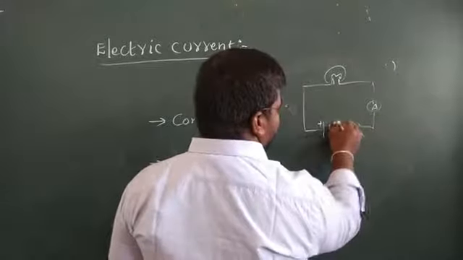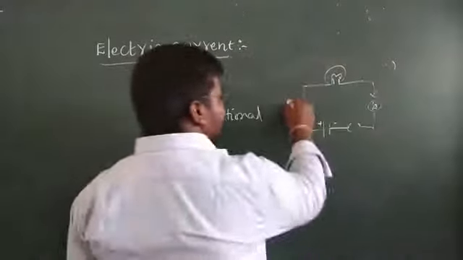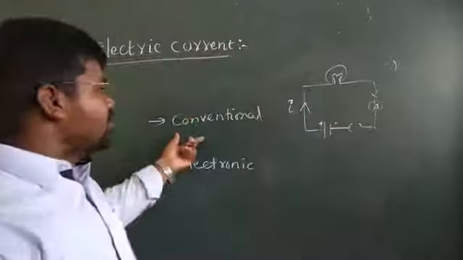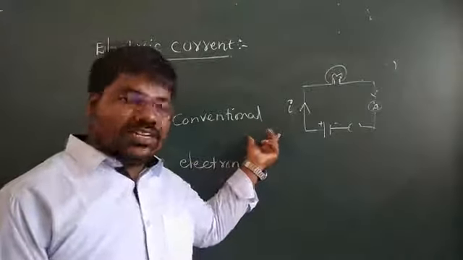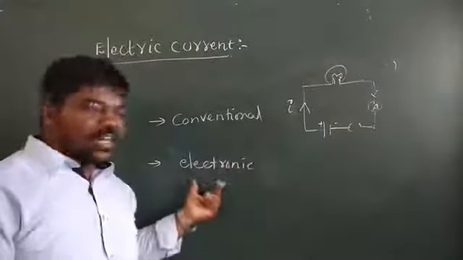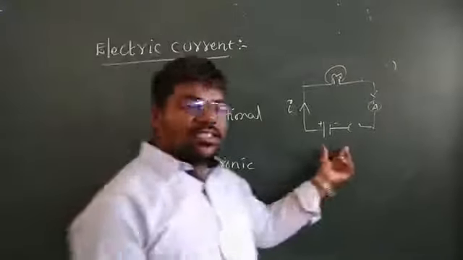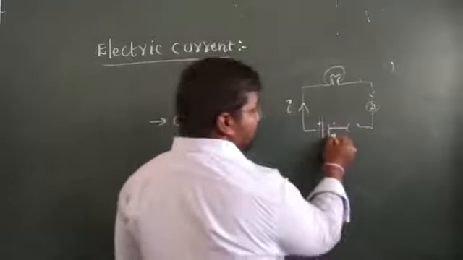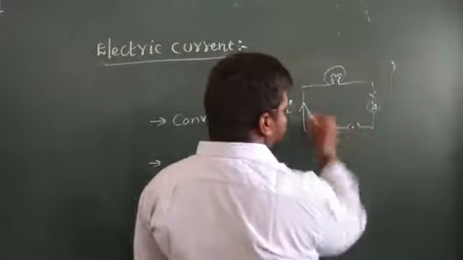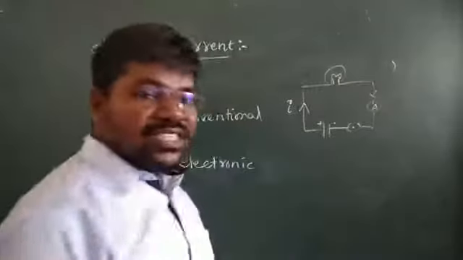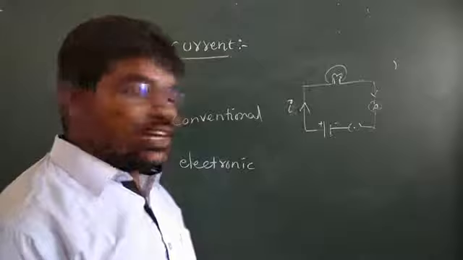Second, electronic current. Electrons always pass from the negative terminal of the battery to the positive terminal, opposite to the conventional current.